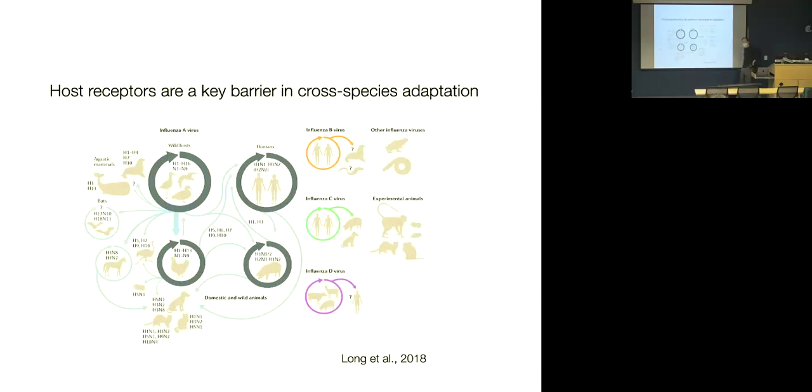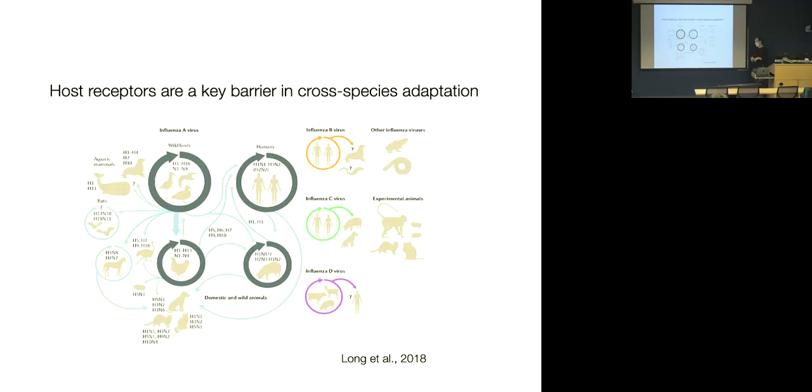So, switching gears slightly, one of the other key barriers, especially to cross-species adaptation of viruses, is host receptors. I've participated in a few international assessment exercises looking at pandemic risk prediction and trying to say what the key gaps in understanding are to anticipate emergence of new pandemic viruses.